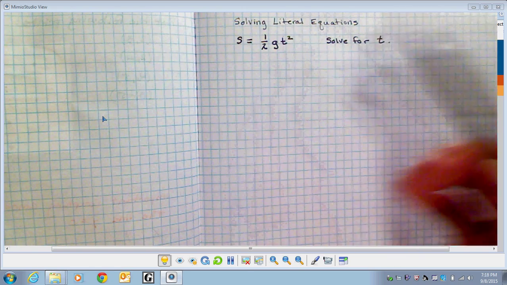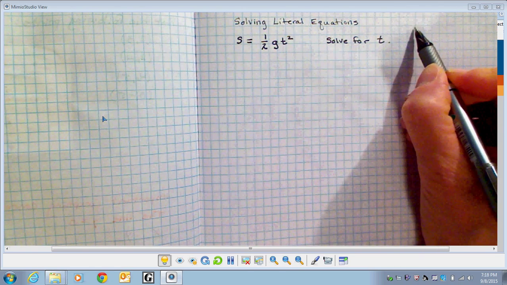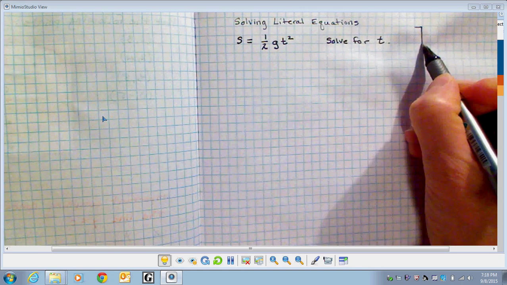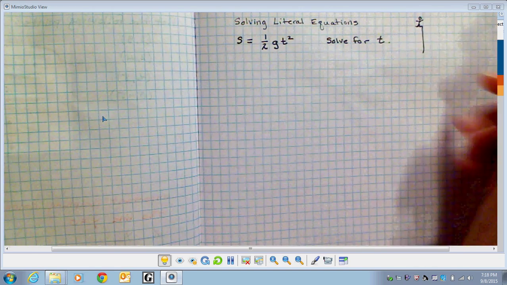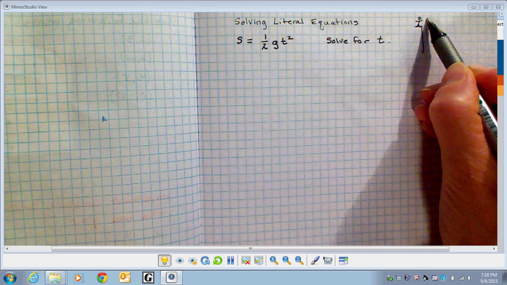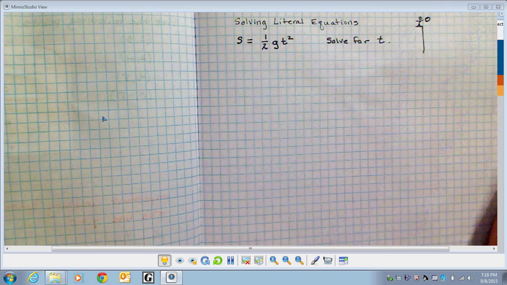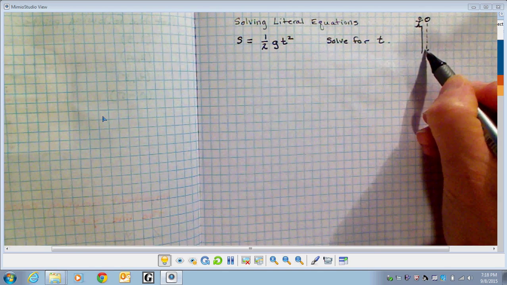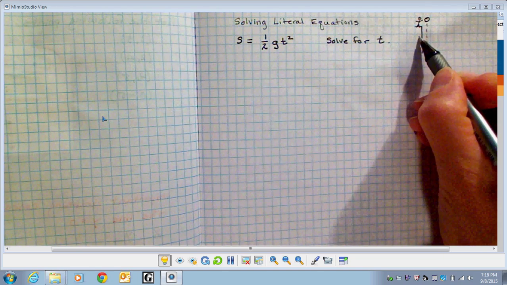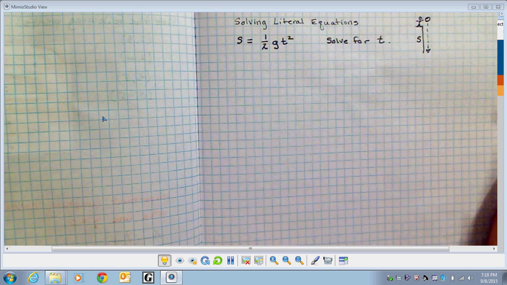So if I'm on top of a building, let's say, I'm standing up here, and I want to drop something, not throw it, but just drop it. So let's say I have some sort of ball, and I want to drop it a certain height. And in this case, our height is represented by S for distance.